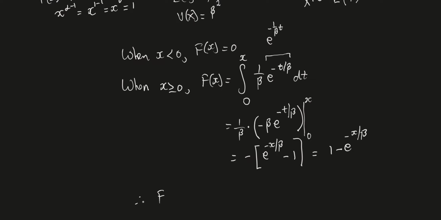So therefore, the CDF of my exponential function will be 0 whenever x is less than 0, and then it's 1 minus e to the negative x over beta whenever x is greater than or equal to 0. And this function, it can be verified, has all the required properties of a CDF.